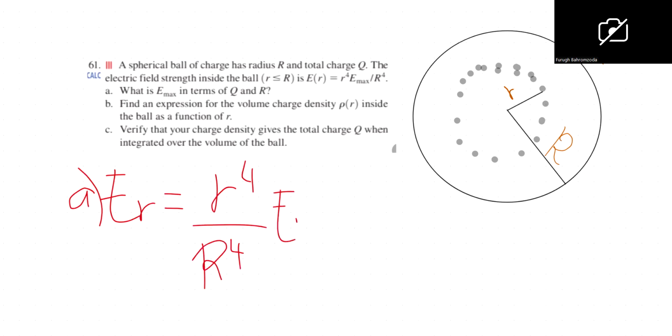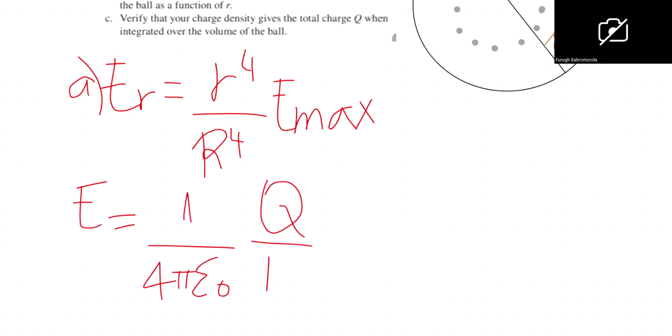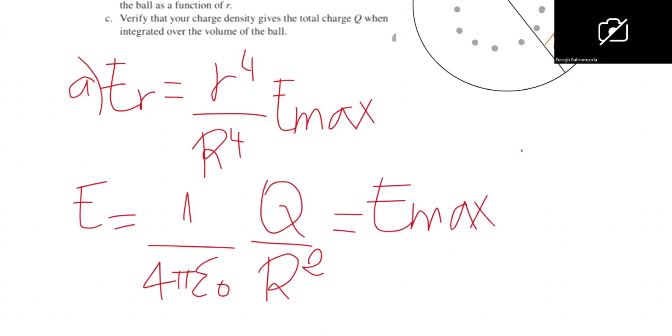And here we are asked to find what E max is in terms of Q and R. So electric field equals 1 over 4 pi epsilon 0 multiplied by Q over R square equals E max r to the power of 4 over R to the power of 4.